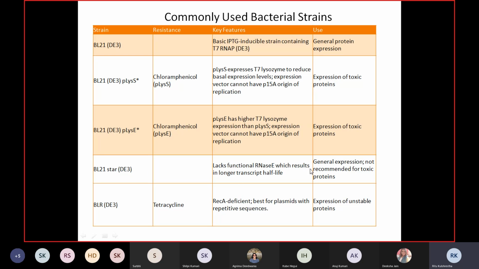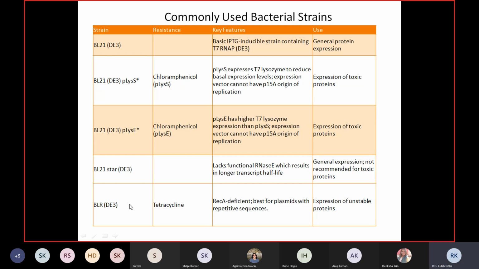In this strain, it lacks the functional protein called RNase E, and they have found that when they mutated RNase E, it results in longer transcript half-life. Longer transcript half-life means more transcript at a given point of time, and thus a higher amount of proteins.